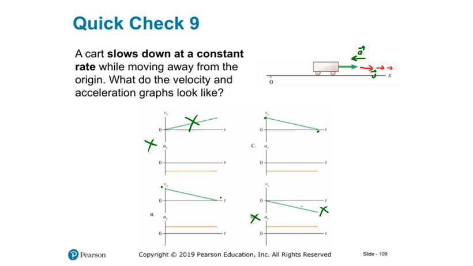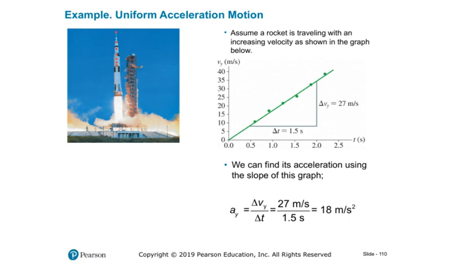What do the velocity and acceleration graphs look like? Positive decrease in velocity. I should have velocity starting at a value and decreasing. Not necessarily to 0, I don't know that, but let's say this one is a possible correct answer for velocity, right? This one is not, because it's increasing velocity.